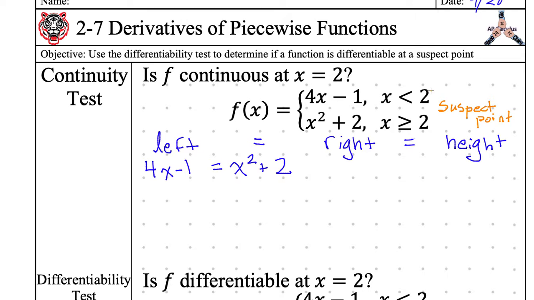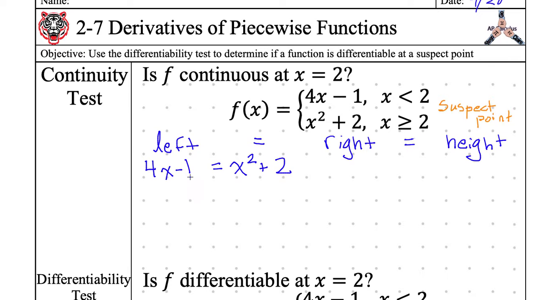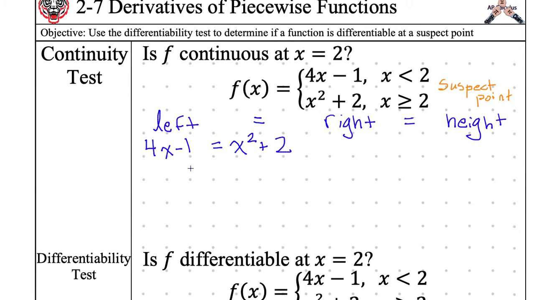We are substituting in our suspect point, 2, into the value of x and seeing if the left and right are equal to each other. If the left and the right, and therefore the height, are equal, it passes the continuity test, and therefore it is continuous at that suspect point. If they're not equal to each other, then it's not continuous.